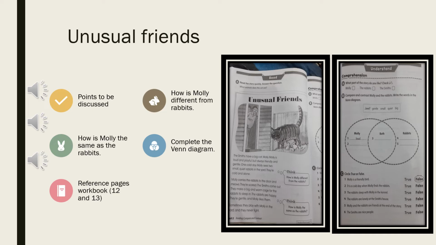So let's read this topic, and as you can see on my slide, the points to be discussed are: how is Molly different from rabbits? How is Molly the same as the rabbits? Then you have to complete the Venn diagram that is on page number 13, and the reference pages from the workbook are pages 12 and 13.